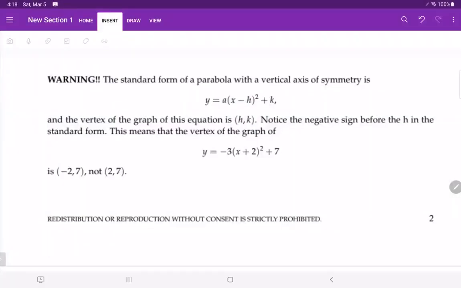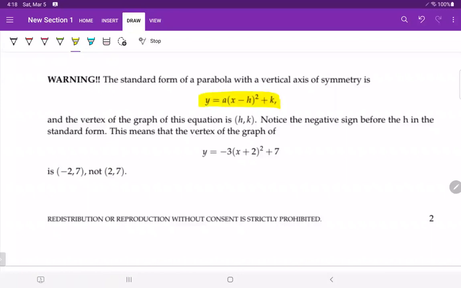So let's go back here. Standard form of the parabola with a vertical axis of symmetry is this. And the vertex of the graph is HK.